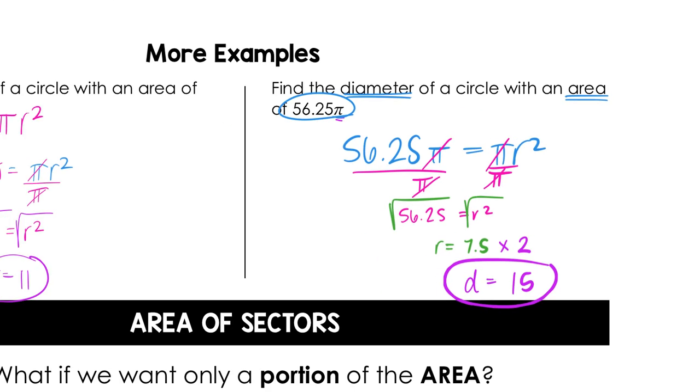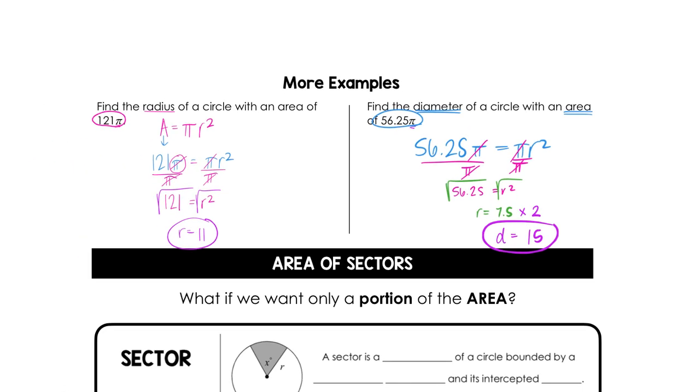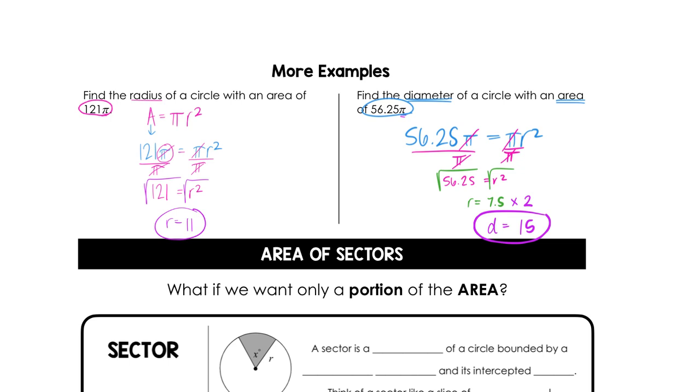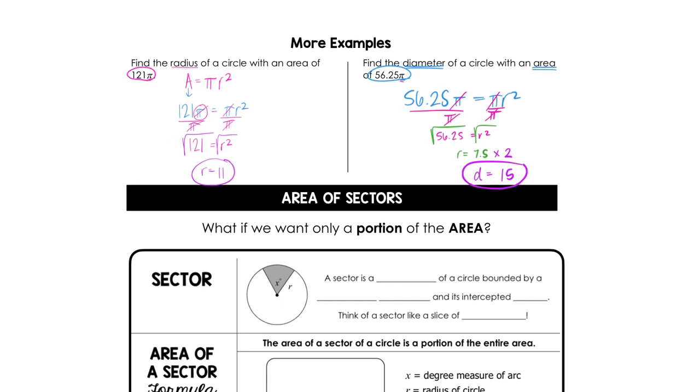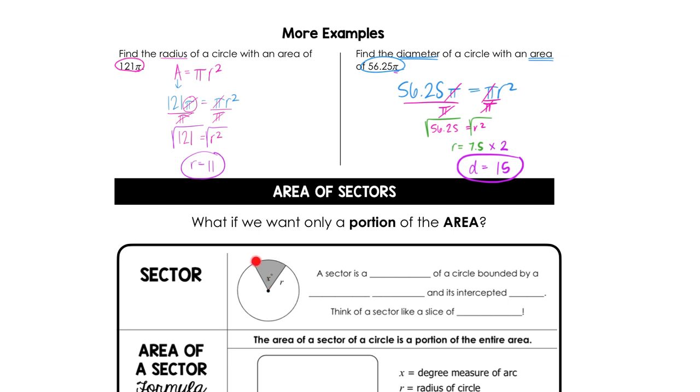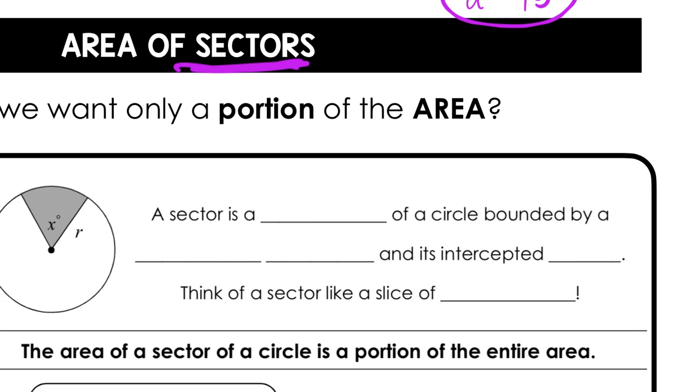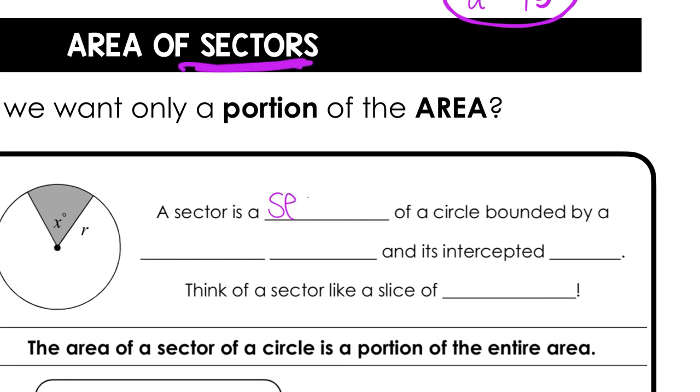Okay, now we're going to talk about something called sectors. A sector is kind of like just a portion of the circle. We're going to work on how to find the area of only this little piece of the circle. So instead of finding the whole circle, we're just going to find a portion of it. Think of it as like a slice of pie, right? That's called a sector. That's the vocab. A sector is a section of a circle that's bounded by a central angle.